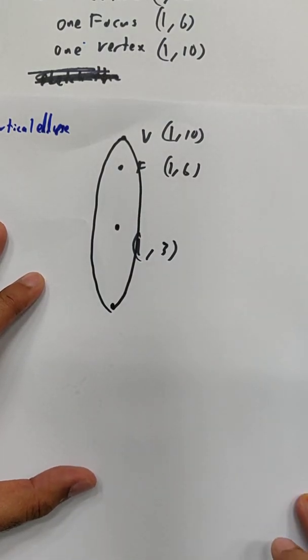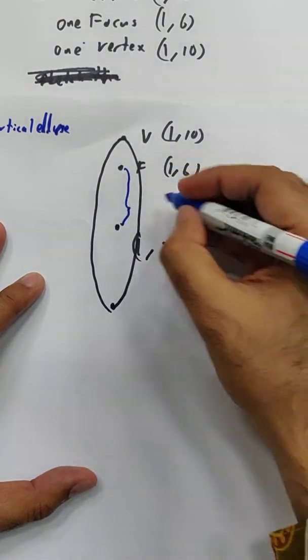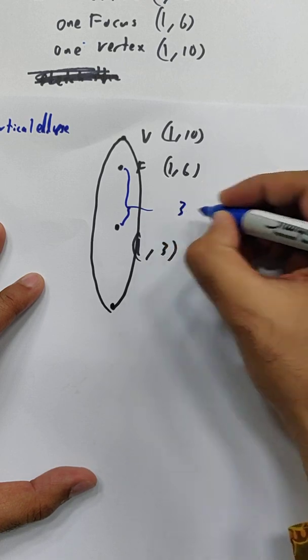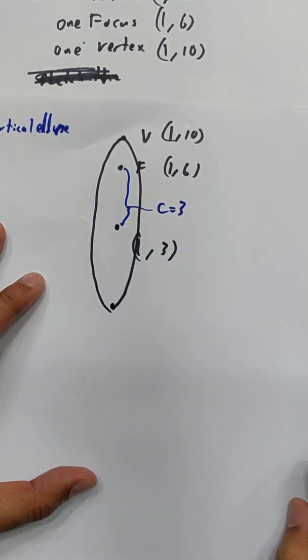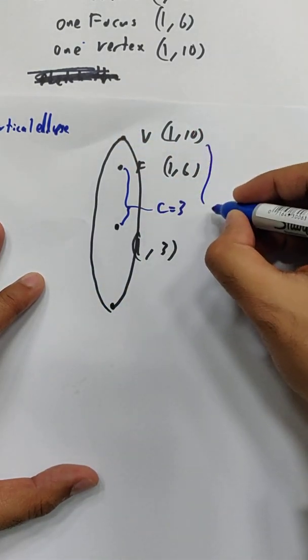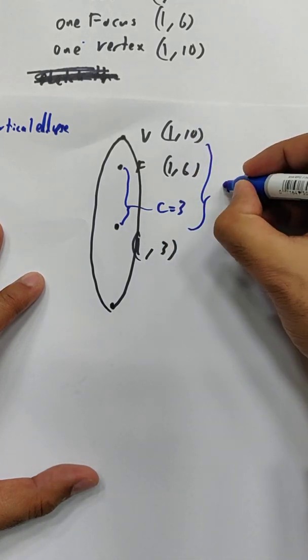What other information can we get from here? I can find this length, right? What is it? C is 3. Very good. And what about there? I can find here 7, which is A is 7.